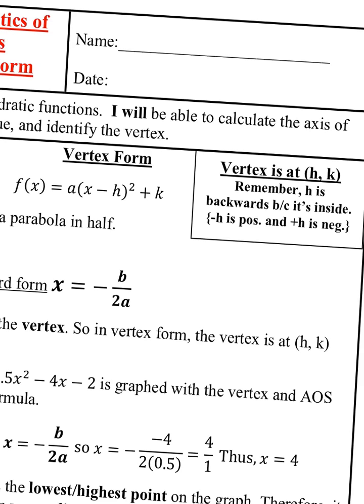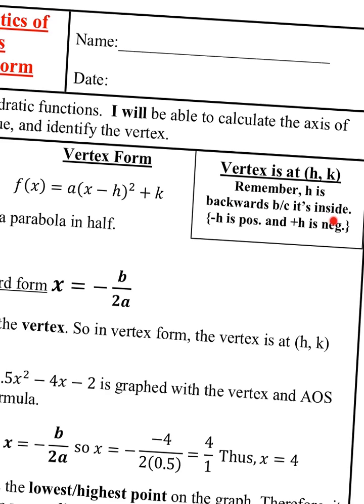So vertex is denoted as h comma k, and since the formula has a subtraction sign for the default, so to speak, you're going to flip the sign. So if it says x minus 2, my vertex will be 2 comma whatever k is. You don't flip anything for the k. So if this was x plus 4, my vertex would be at -4 comma whatever k is.